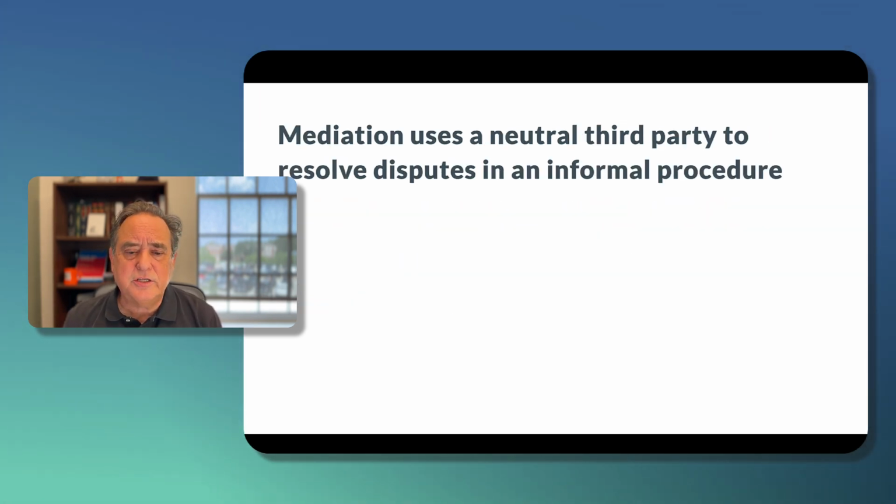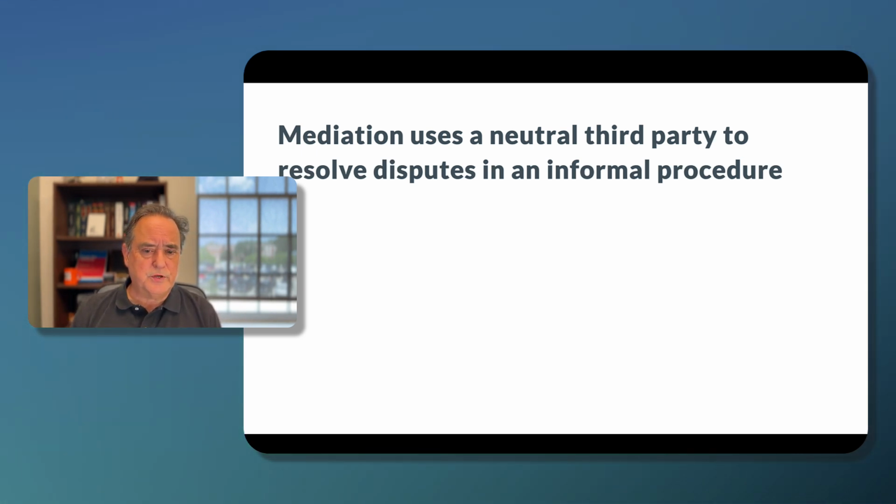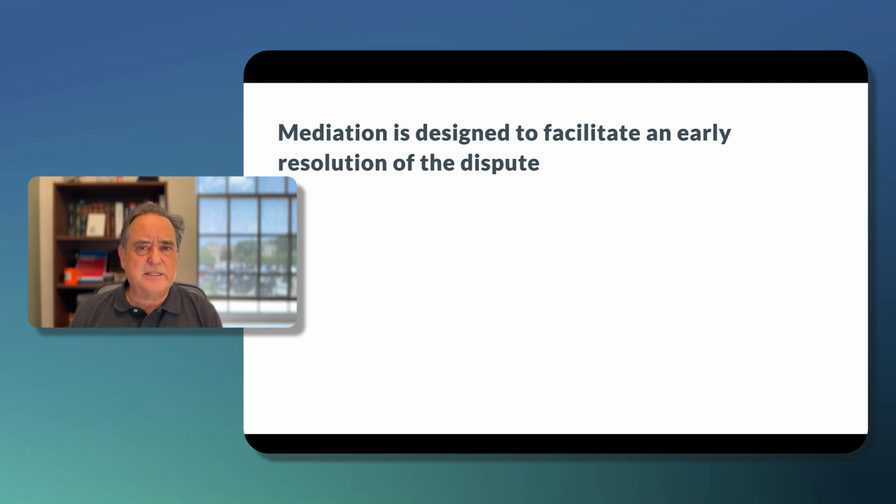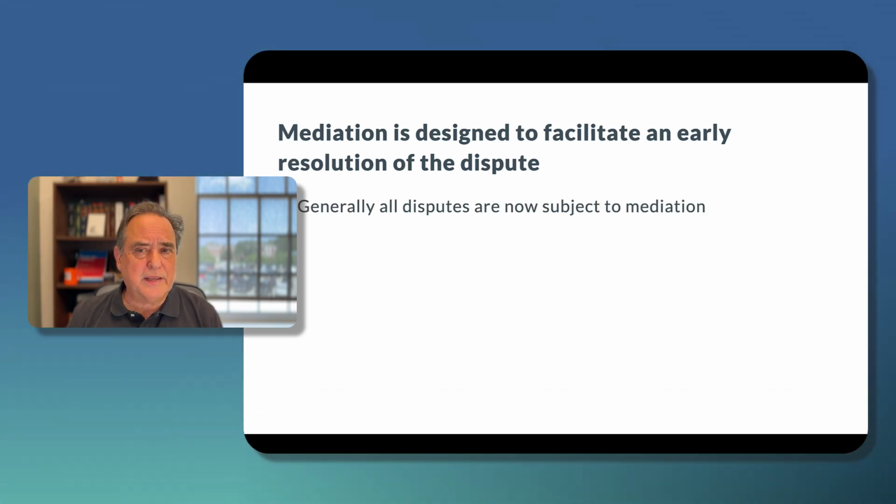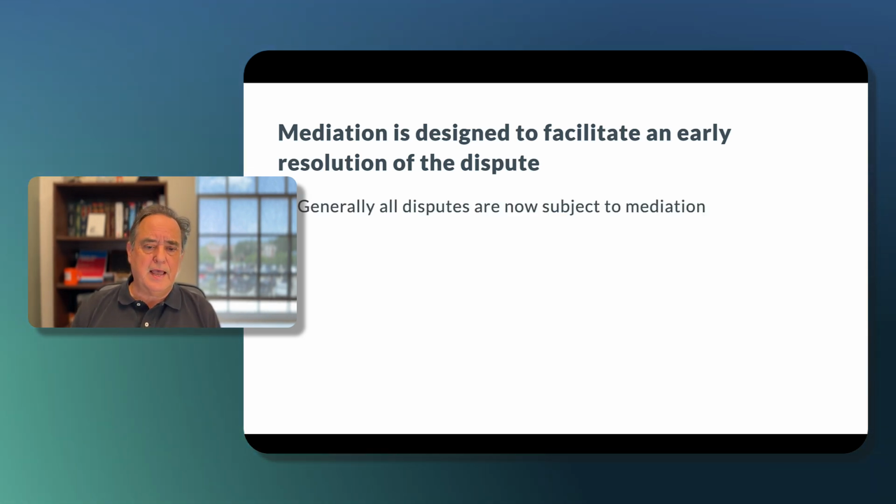Now, mediation uses a neutral third party to resolve disputes in an informal procedure. Mediation is designed to facilitate an early resolution of the dispute before the parties have been engaged in the process for too long or before the parties have spent too much money. Now, generally, all legal disputes now are subject to mediation.